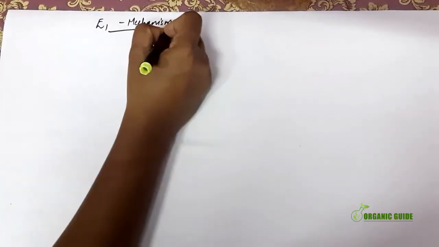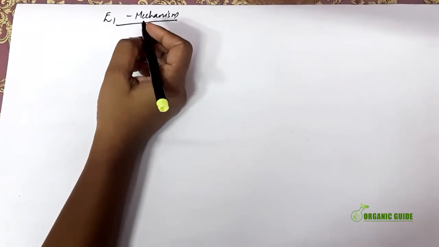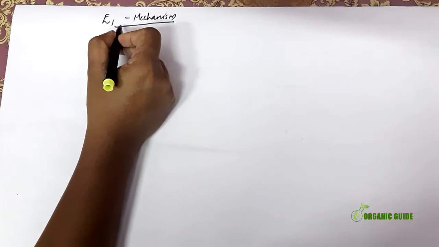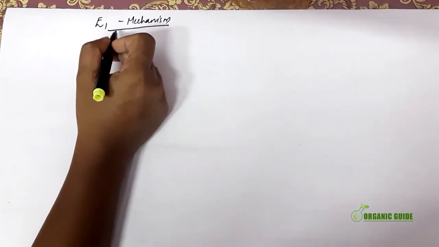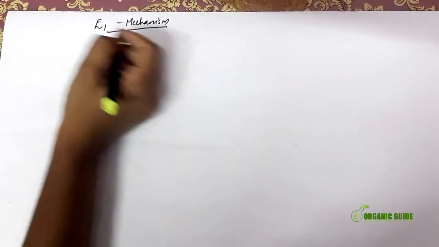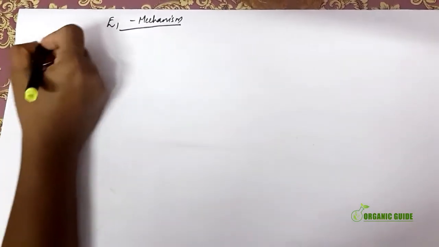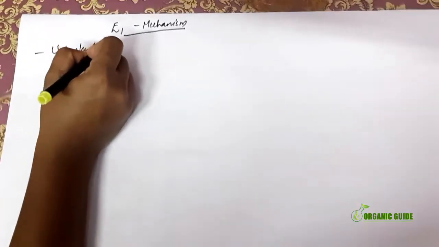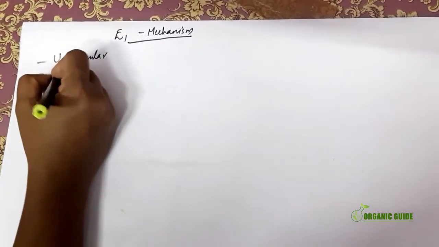So this is also similar to the SN1 mechanism. Here the rate directly depends only upon the concentration of alkyl halide. This is elimination unimolecular, so it is an elimination unimolecular reaction, and it is a two-step mechanism.